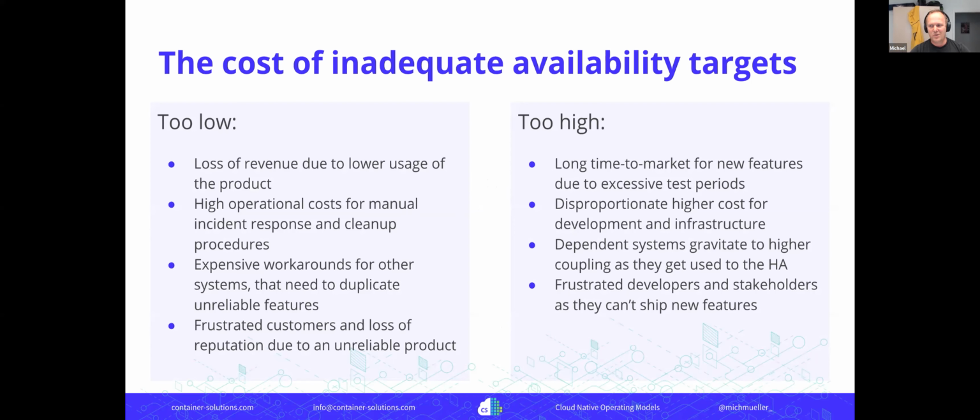The costs associated with too high or too low are tremendous. If you put a too high SLO in place, each digit basically accounts for at least double to quadruple of the price associated with the infrastructure, the way you need to develop, more excessive testing, and all of this. So the more reliable you are, the more restrictive you get, and the more systems you need.